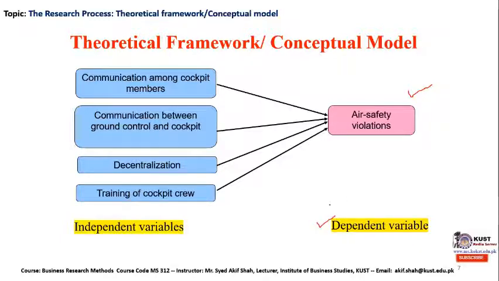Therefore, it is termed the dependent variable. The researcher has highlighted 4 independent variables of prime interest, which could possibly influence the increase in air safety violations, which ultimately leads to air collisions and the deaths or casualties of passengers.